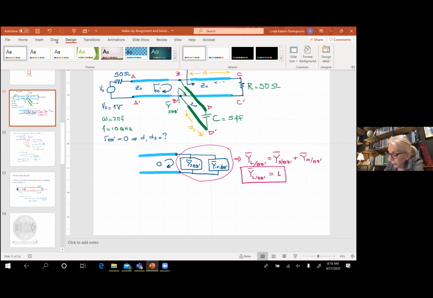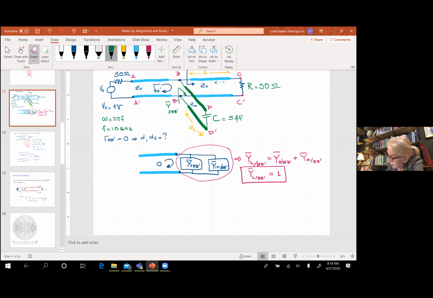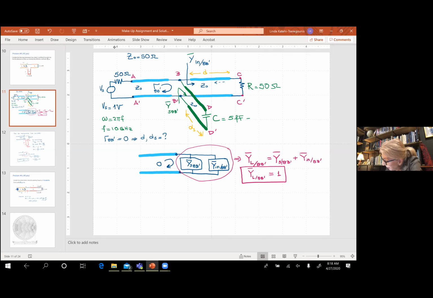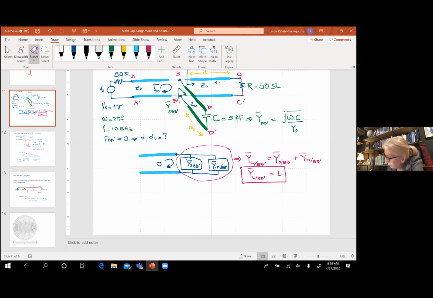So what that means is that I will, from here, rewrite that the Y at D prime is j omega C. And the normalized is going to look like that. Why did I put this line? Okay, and then make that smaller.